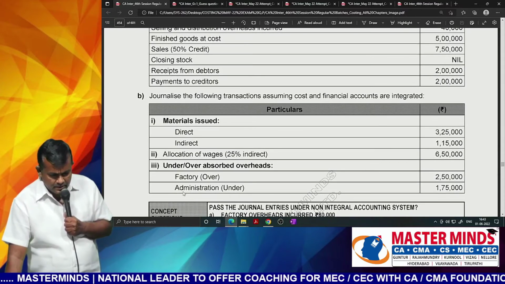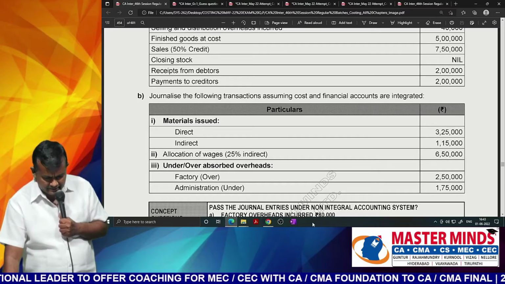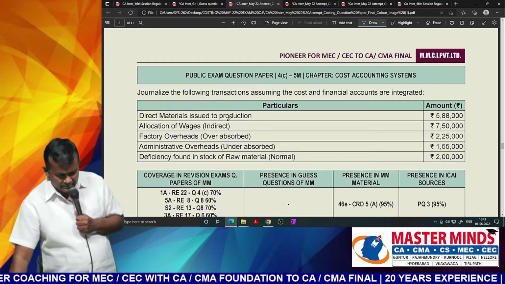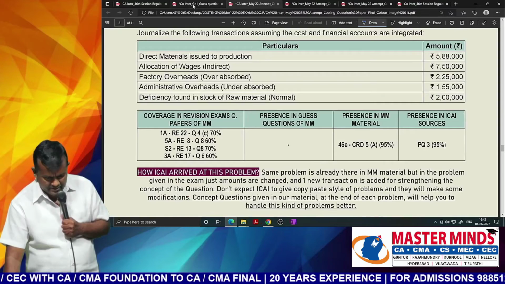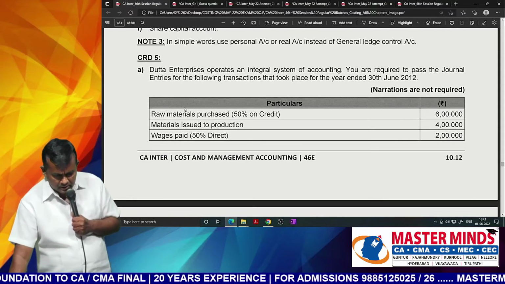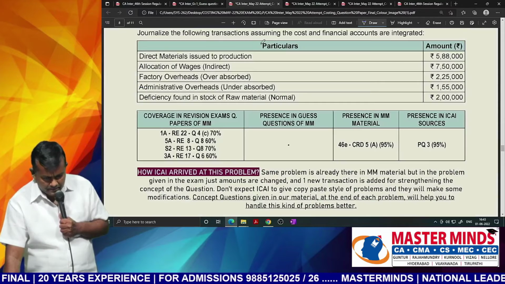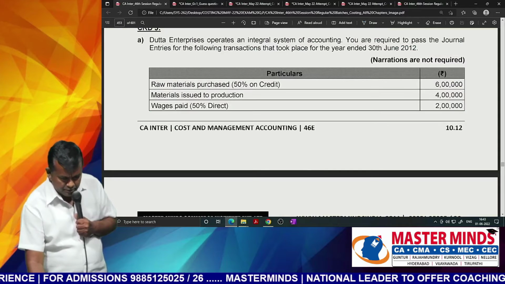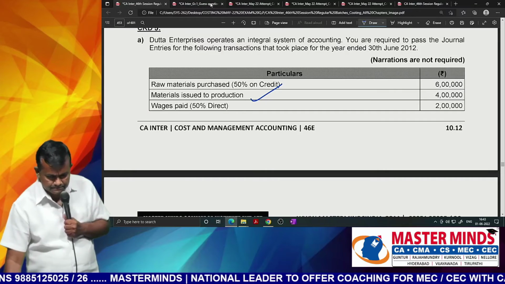Right, journalize the following transactions assuming cost and financial accounts are integrated. Here, first, direct metal issue to production.